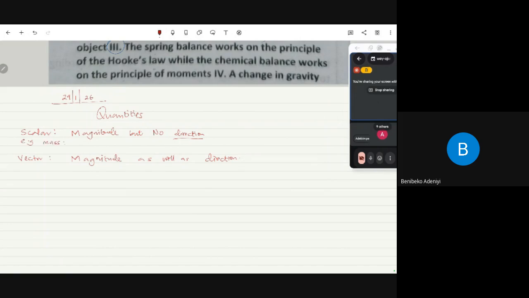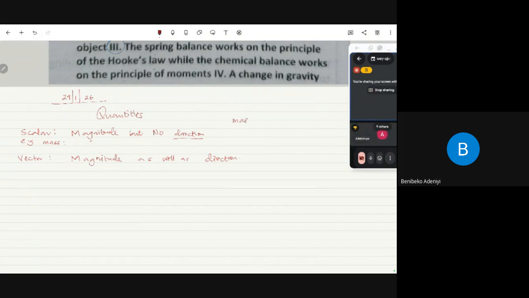If I tell you that the mass of person A is 50 kilograms on the surface of the earth, okay, let's say I am 50 kilograms in London, but if I come to Nigeria, I am 70 kilograms. Does that make sense to you? It doesn't make sense, right?